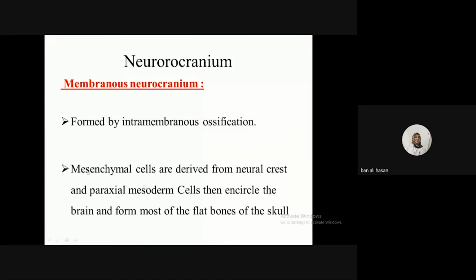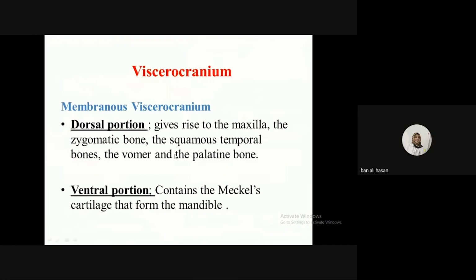The second type of ossification is endochondral ossification. This is the process of bone formation in which the mesenchymal cells firstly give rise to a cartilaginous model. So there isn't a direct process.